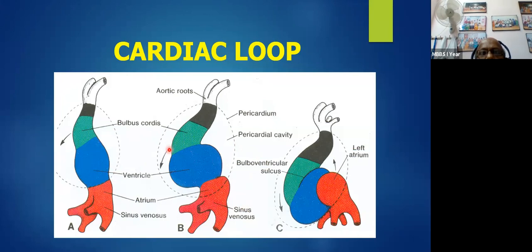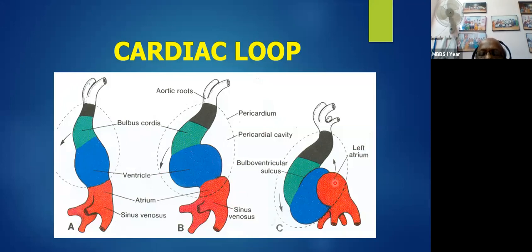It is descending downwards and onto the right. Your atrial part goes up as well as to the dorsal aspect. So it is dorsocranial. Originally both the atria are on the dorsal aspect.